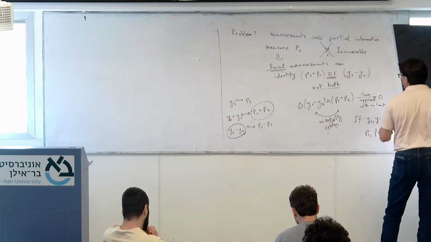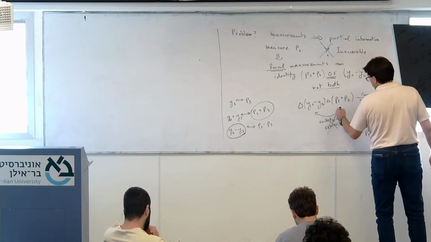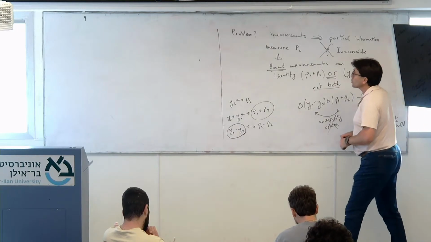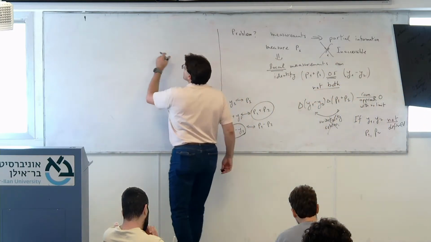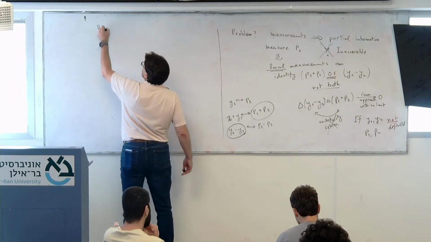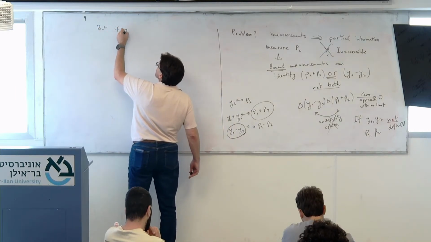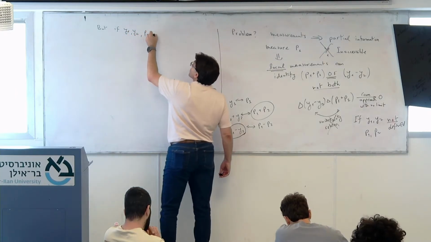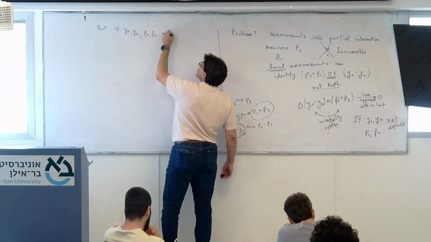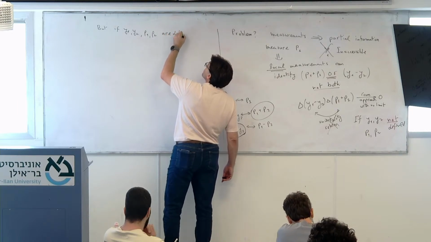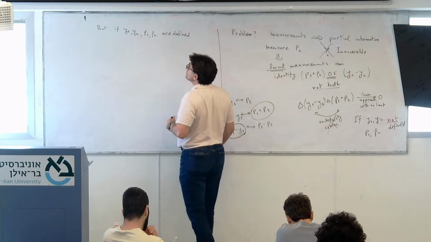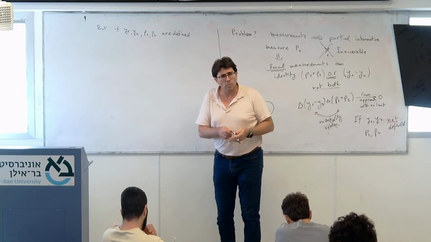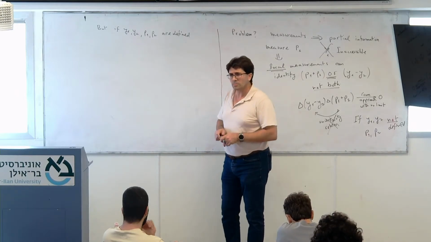If y1 and y2, p1, p2 are defined, then they can be defined only up to uncertainty.